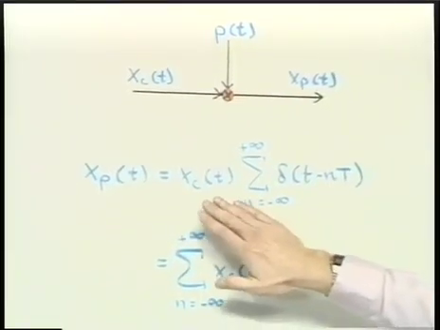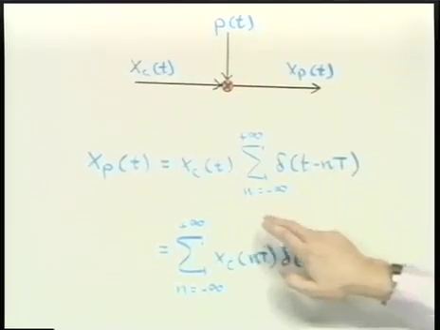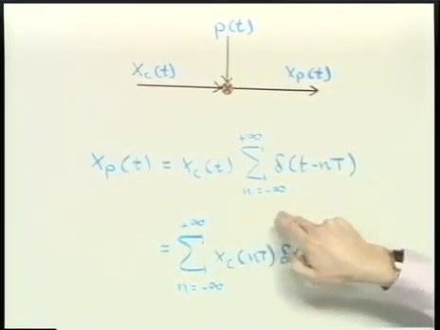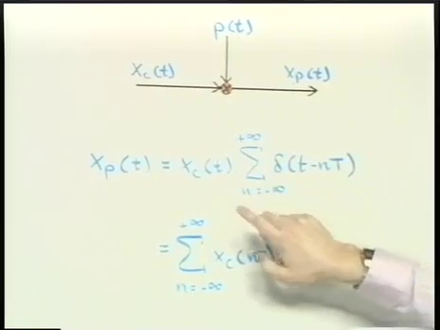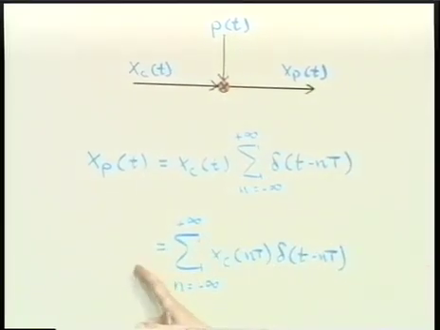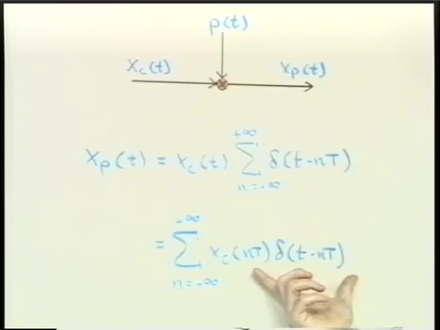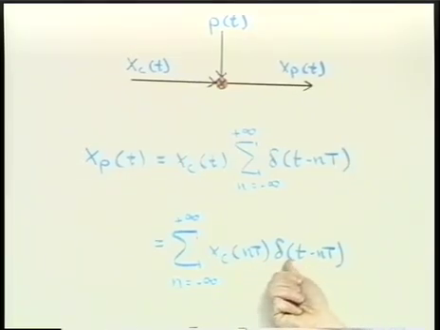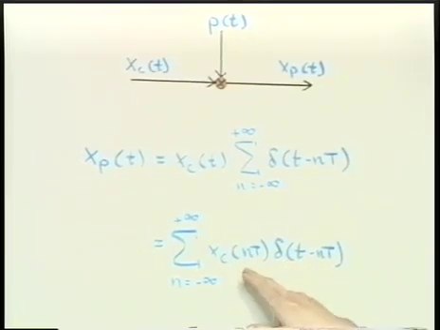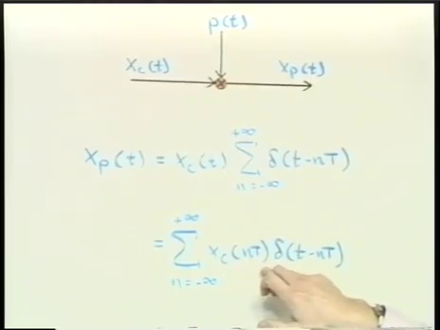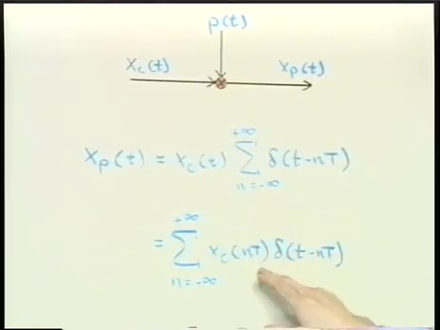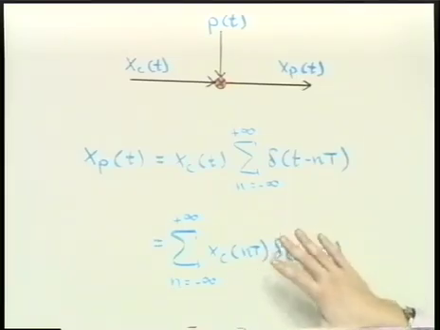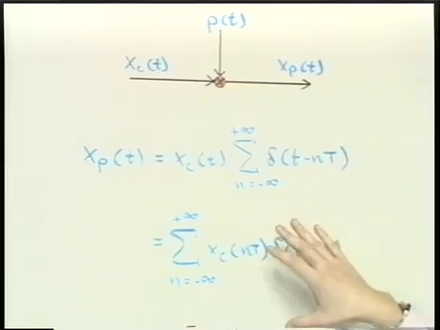And what we have is this multiplication, or taking this term inside the summation and recognizing that the impulse train is simply an impulse train with areas of the impulses, which are the samples of the continuous time function, we can then carry out the analysis in the frequency domain.